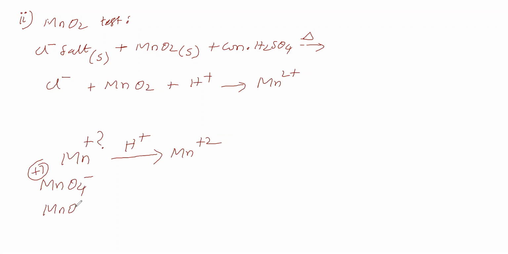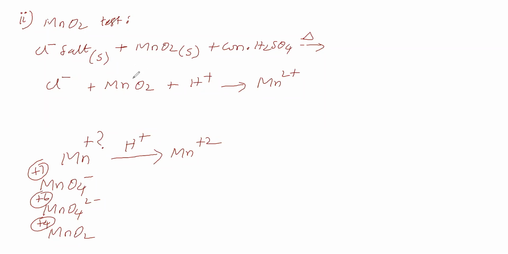In MnO4 2 minus, manganese is +6. In MnO2, manganese is +4. These are converting into Mn+2 in acidic medium. If it undergoes reduction in acidic medium, only Mn+2 is possible.